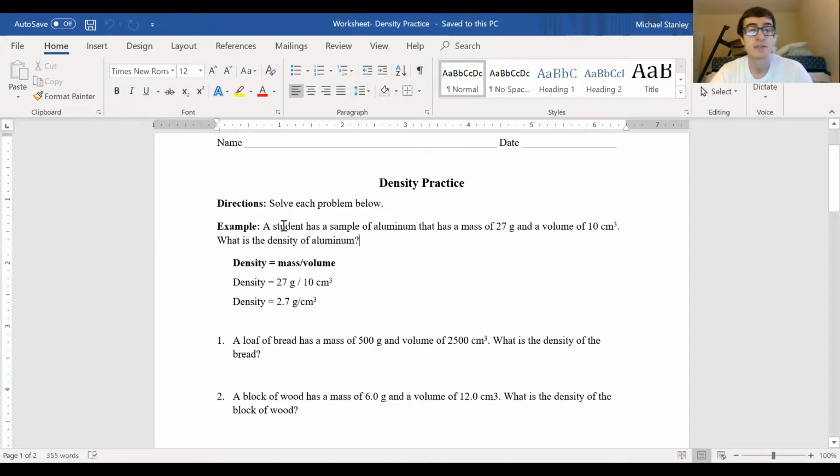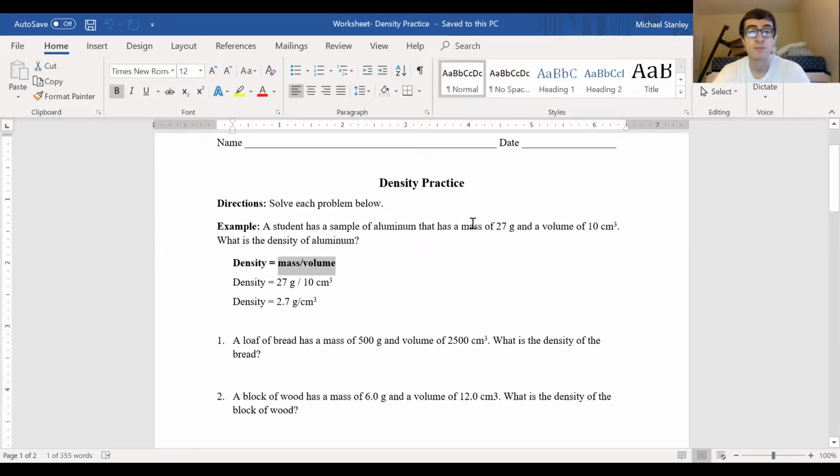So it says a student has a sample of aluminum that has a mass of 27 grams and a volume of 10 centimeters cubed. So what is the density of aluminum? So we know from our notes that density is equal to mass divided by volume.